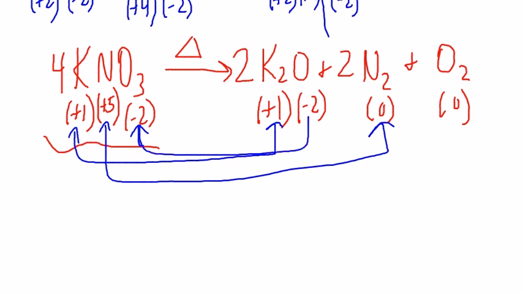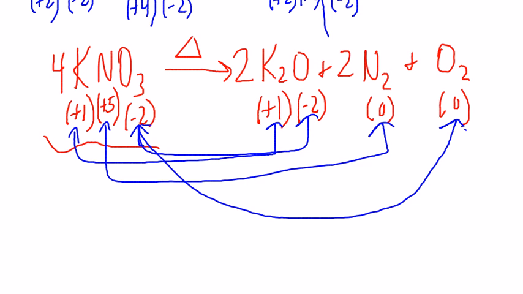Oxygen is -2 and -2 here, but if we take another look over here, we did see evidence of a change. Let's think about what's happening. If oxygen went from -2 to 0, this oxygen lost electrons. This oxygen underwent oxidation.